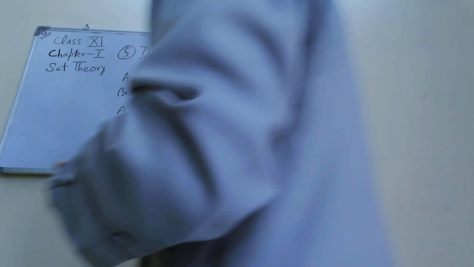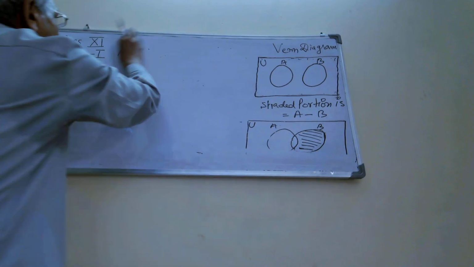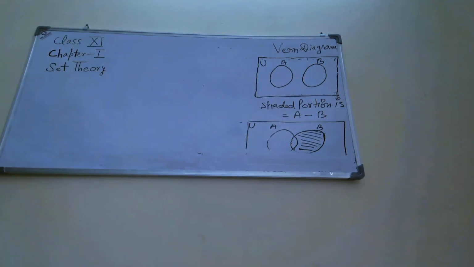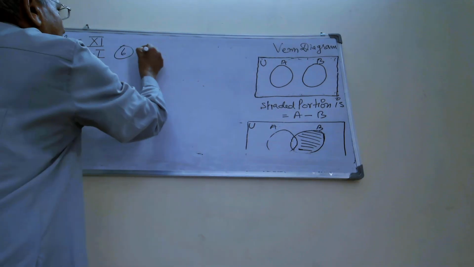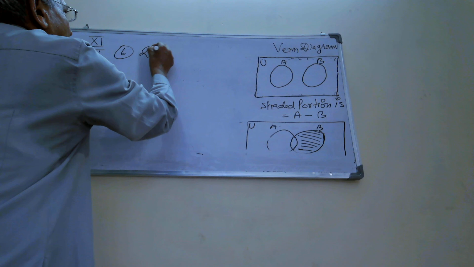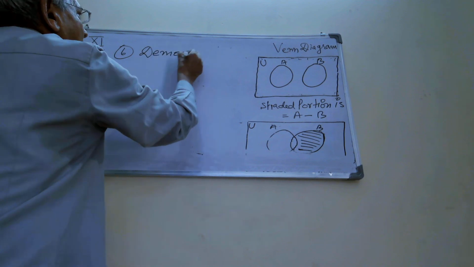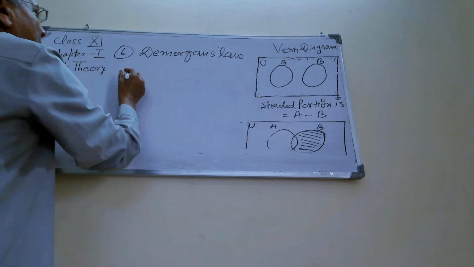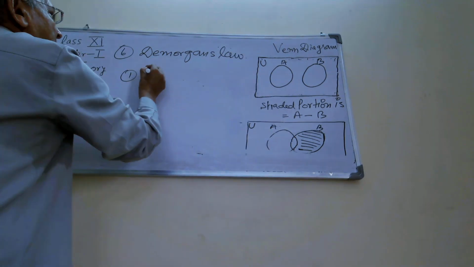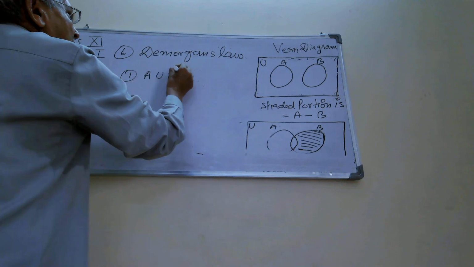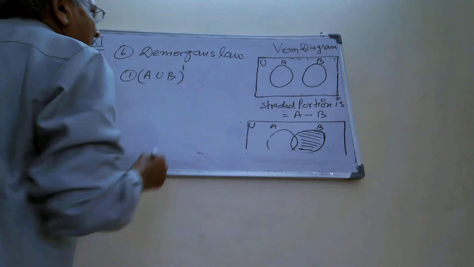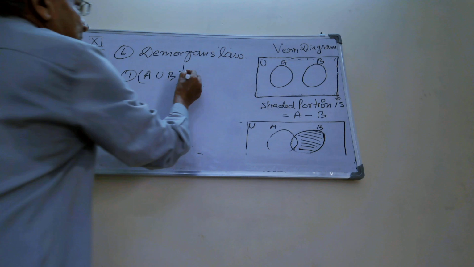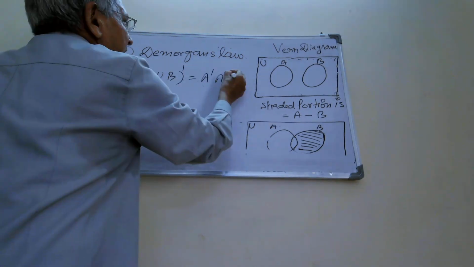Now next, 6. De Morgan's law. First, complement of A union B is equal to A complement intersection B complement.